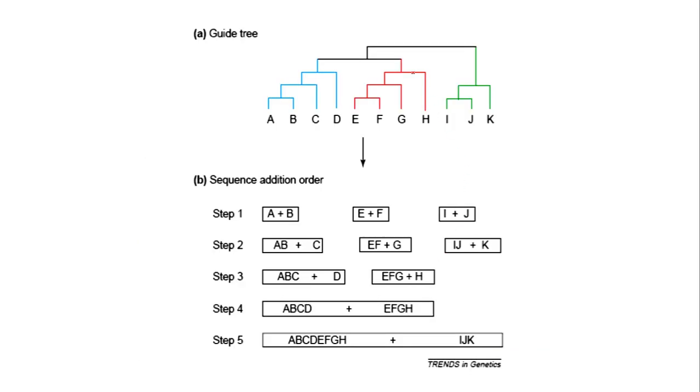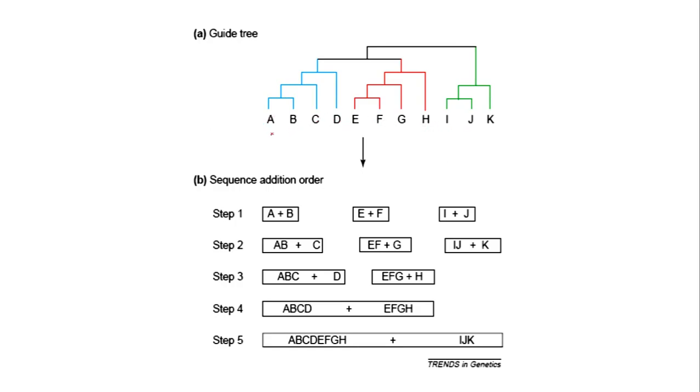Good. So, say for example, this is a typical guide tree that you might end up using in Clustal, and this guide tree would help you figure out in what order sequences need to be aligned.